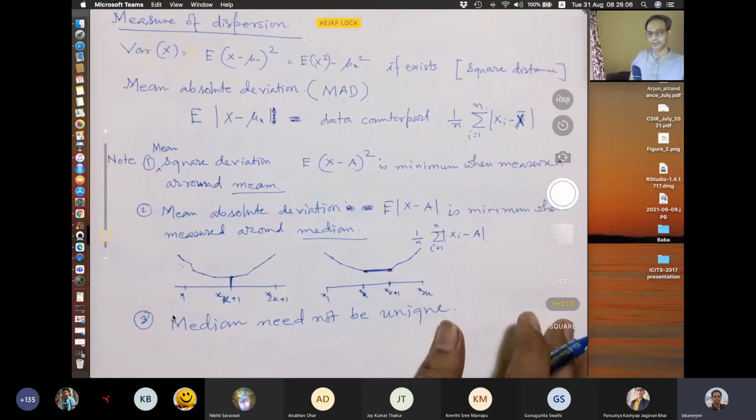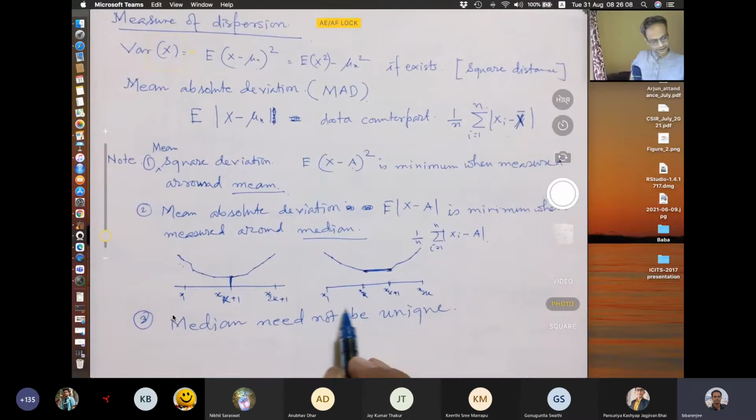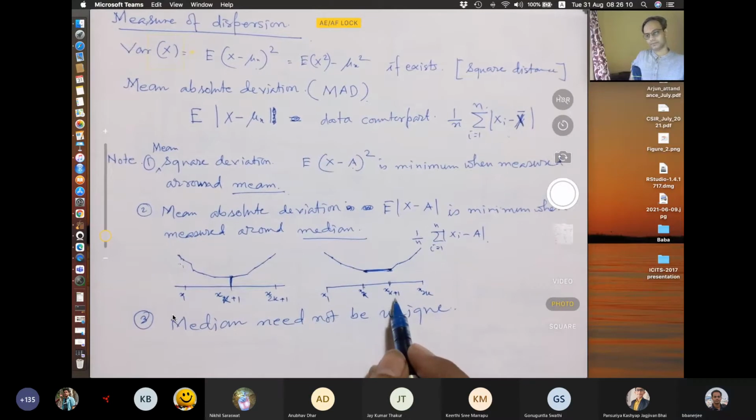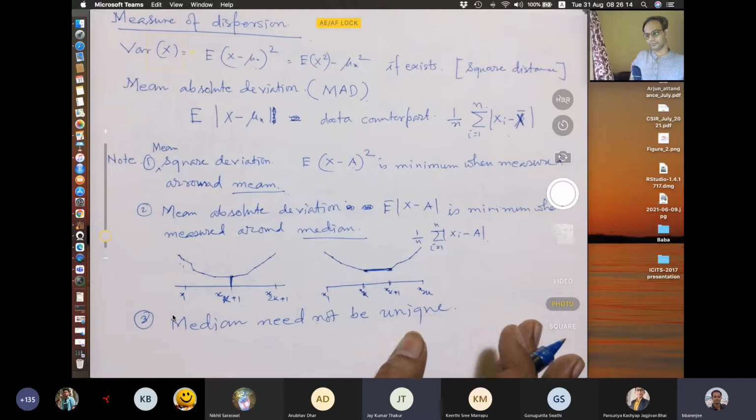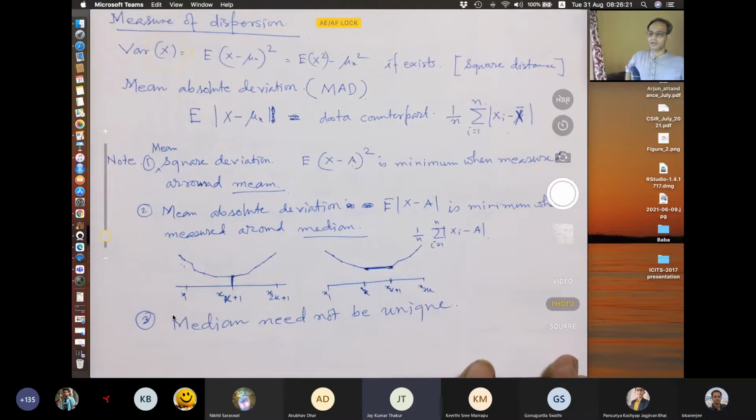It is not the integer k and k plus 1, it should be xk and xk plus 1. Yes, sir, so if we increase the number of input points, it will still lie somewhere between xk and xk plus 1. That is true. But the fact is that the distance between xk and xk plus 1 will be much narrower.